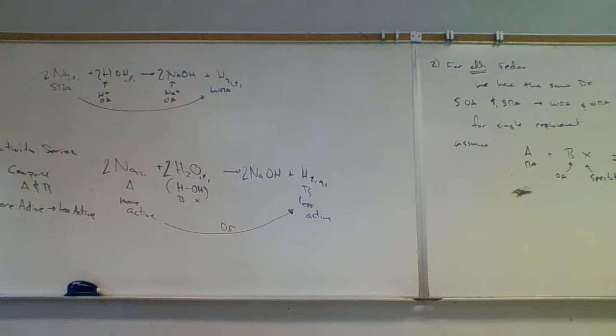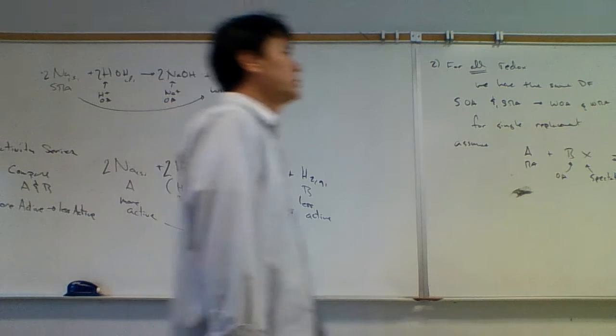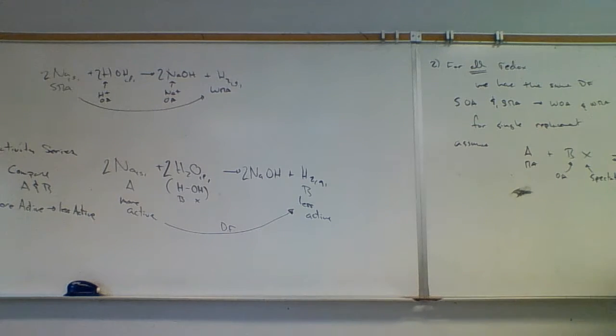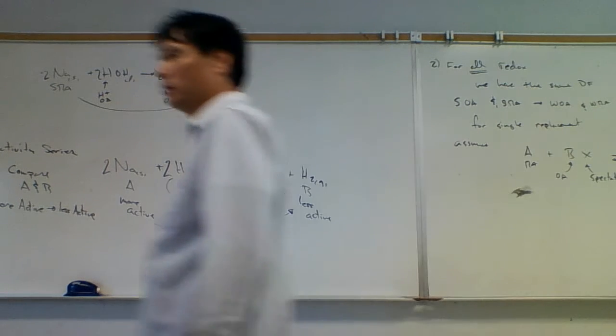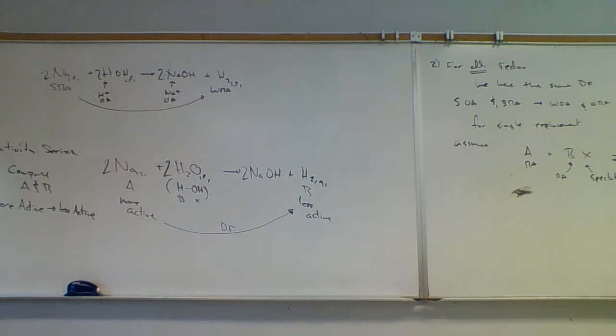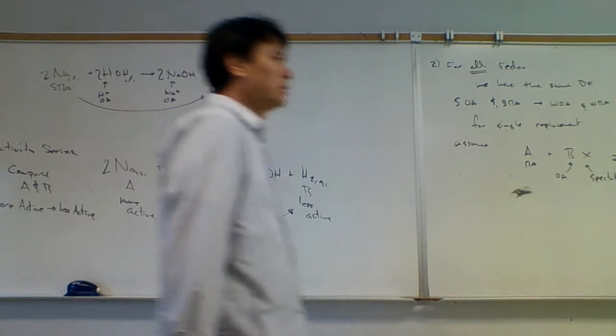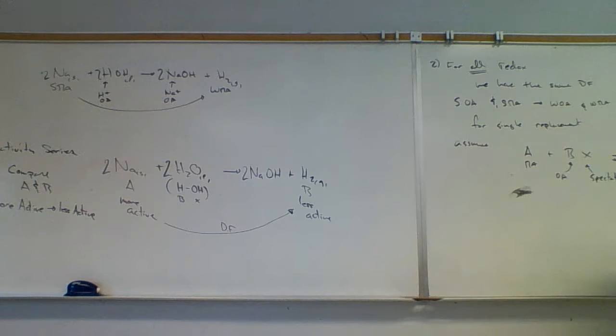But anyway, which one's a more powerful oxidizing agent, H plus, which is here, or sodium ion? So here's H plus. Let's figure out where sodium ion is. Sodium ion's way down here. It's not a good oxidizer. You know, HCl is a decent oxidizer, but sodium chloride?